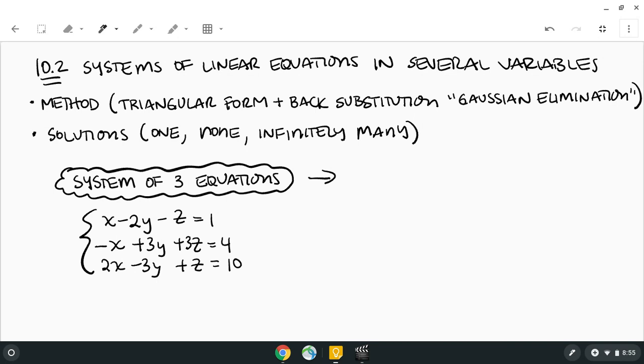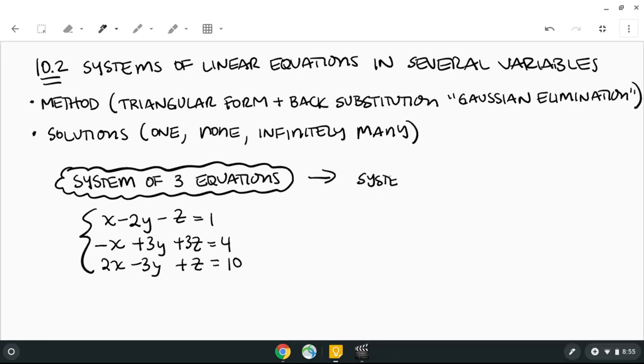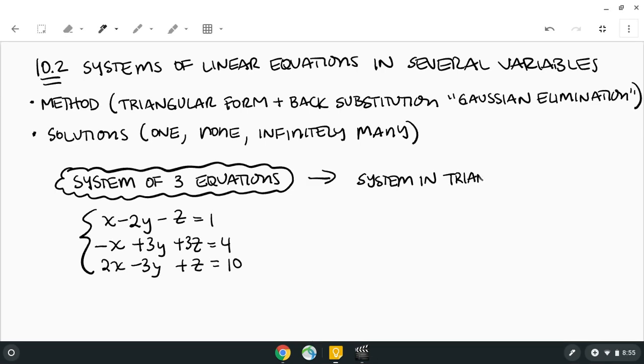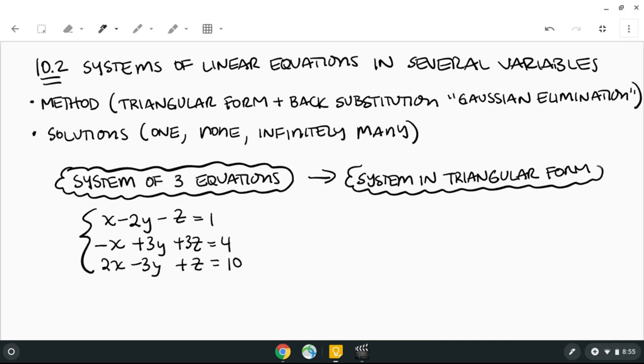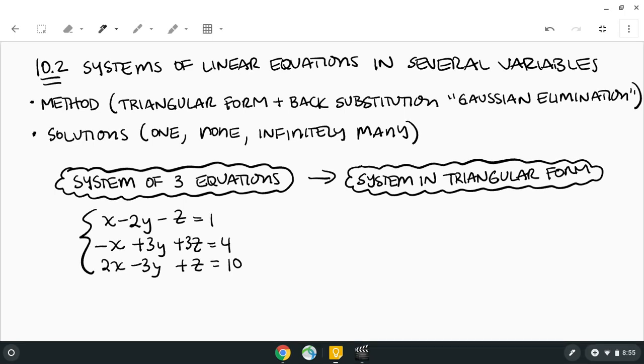So we do this and try to get your system in triangular form. Triangular form will look like this.